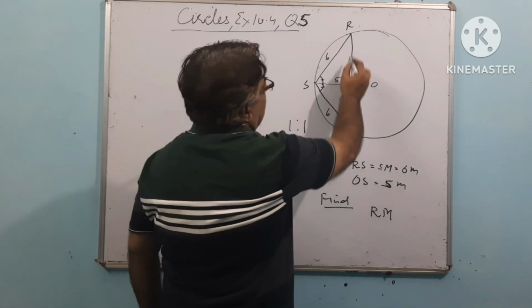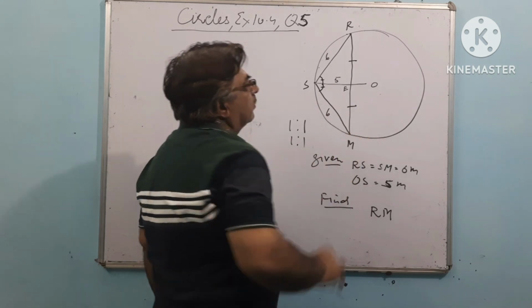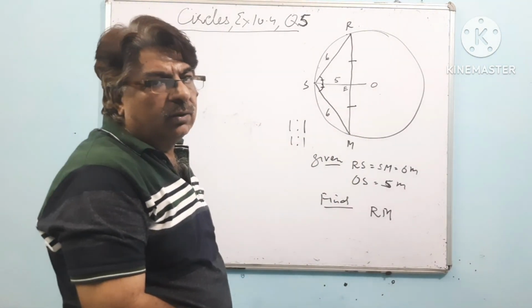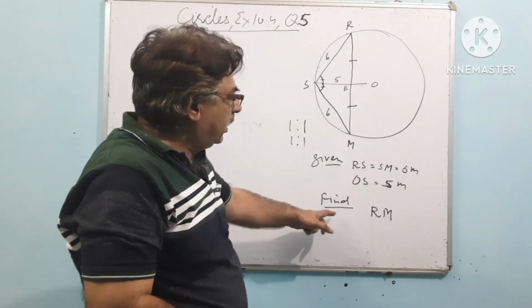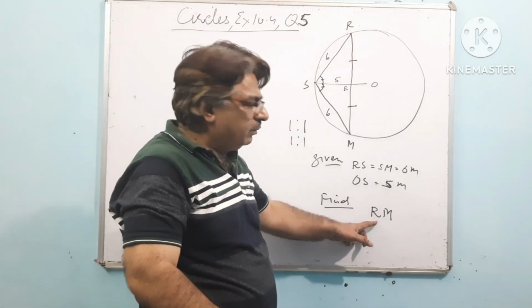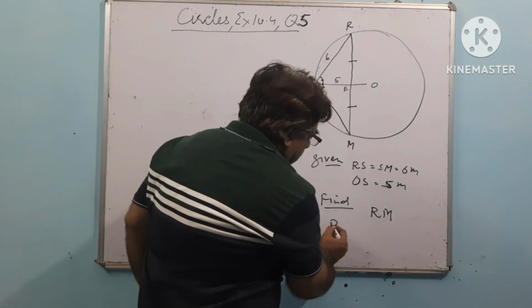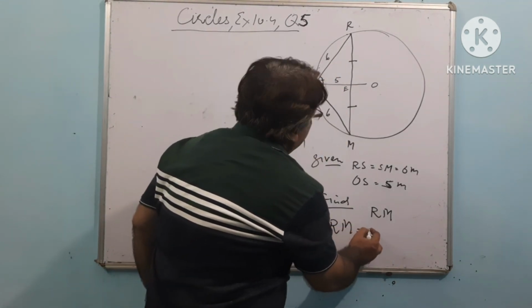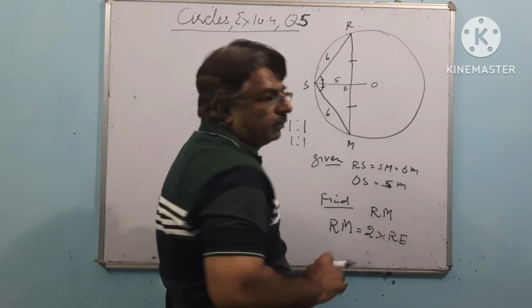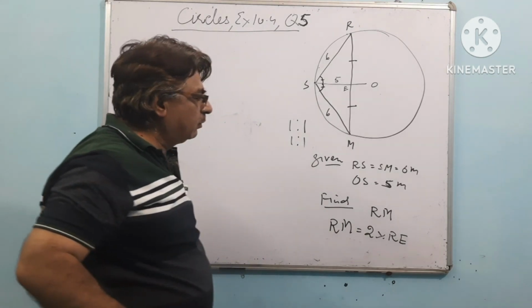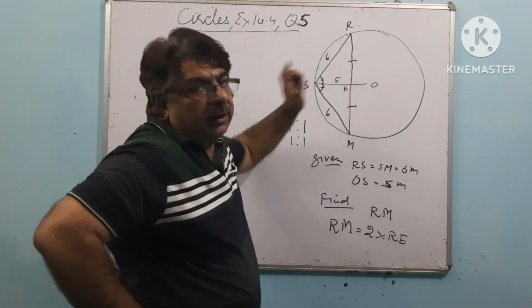Means RE equal to EM. So, if we have to find RM, RM would be equal to twice of RE. So, now we have to find this RE.